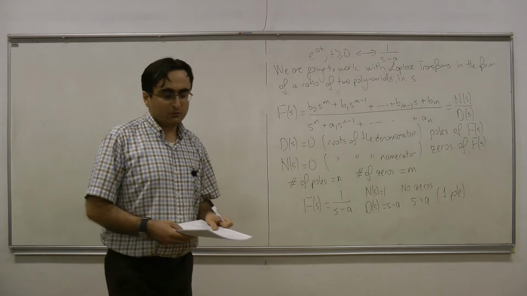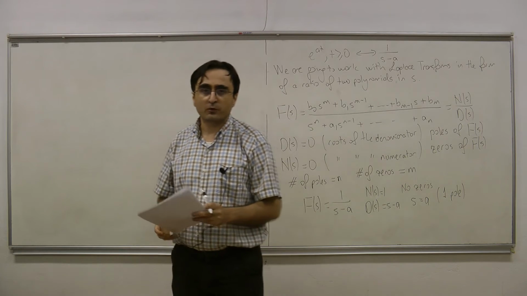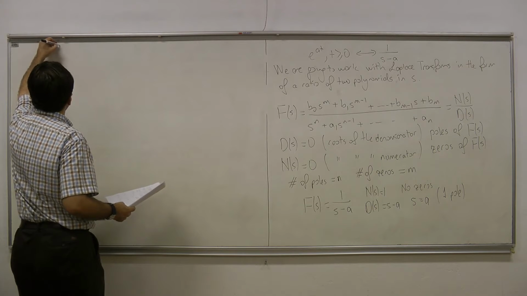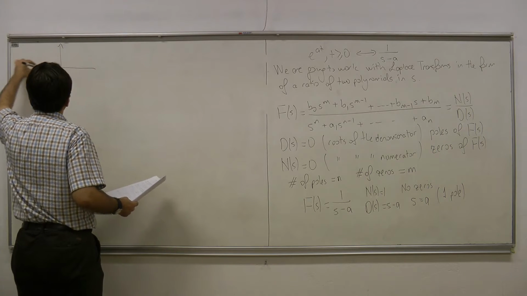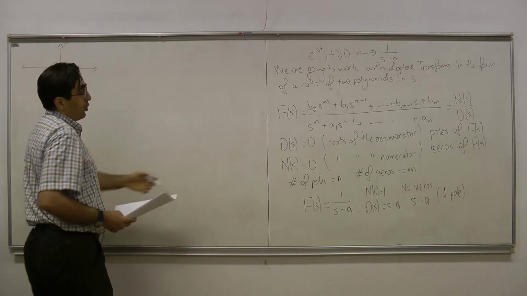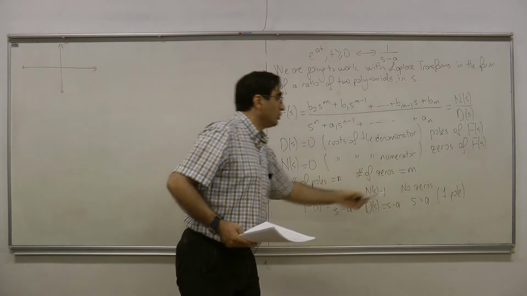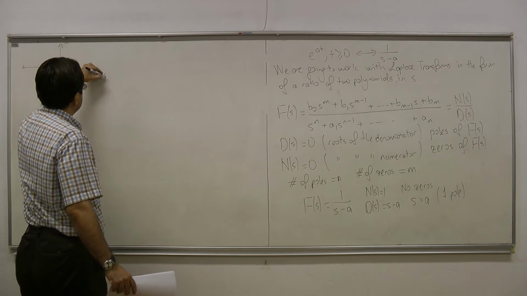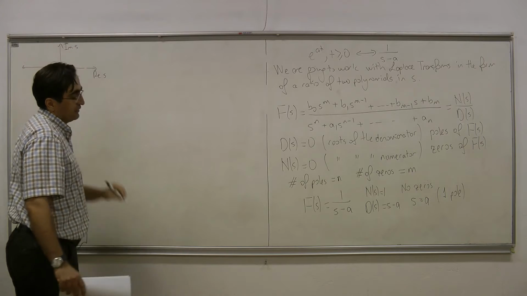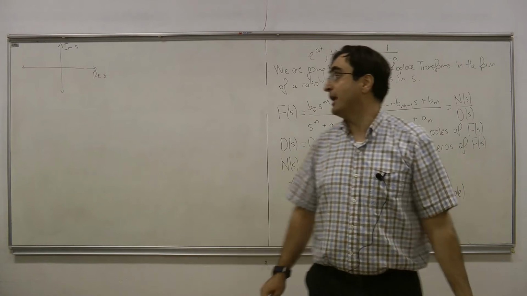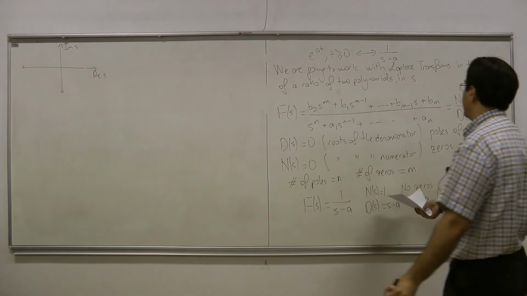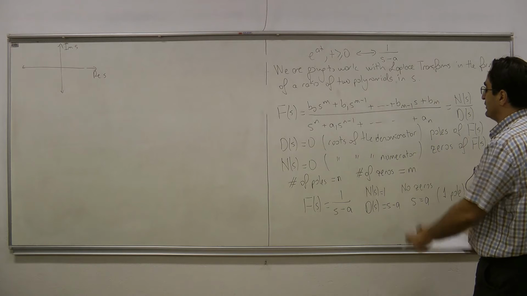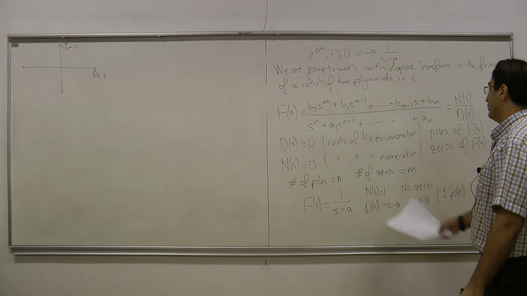So here, when we calculate the poles and zeros of a transfer function, we usually look at a pole zero map of that transfer function. Pole zero map is nothing but showing these zeros and poles of a Laplace transformation on the complex plane. So I have real of s and imaginary of s here, and this is the complex plane. In this case, this Laplace transformation has no zeros, so I don't really have to show anything for zeros.